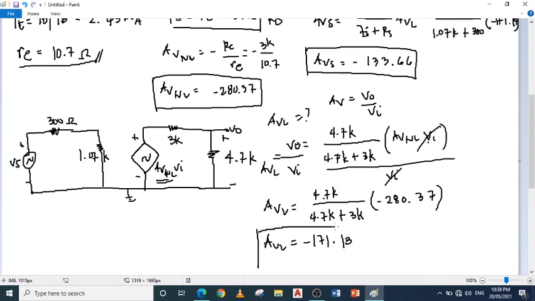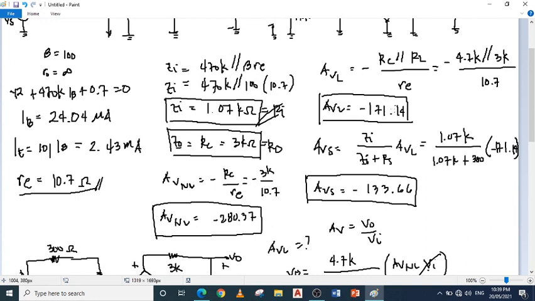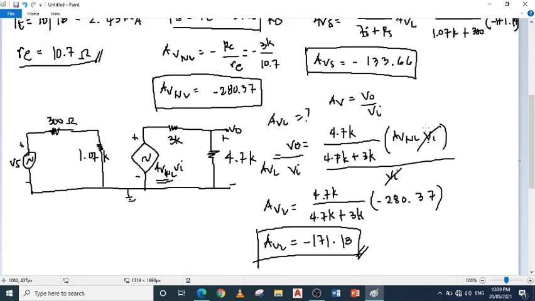Okay, so may discrepancy lang sa decimal place niya kasi syempre dun sa rounding na ginawa natin. Okay, so ang AVL natin using this parallel combination naman, okay, ito. So they are the same. Okay, 171.14, 171.13.